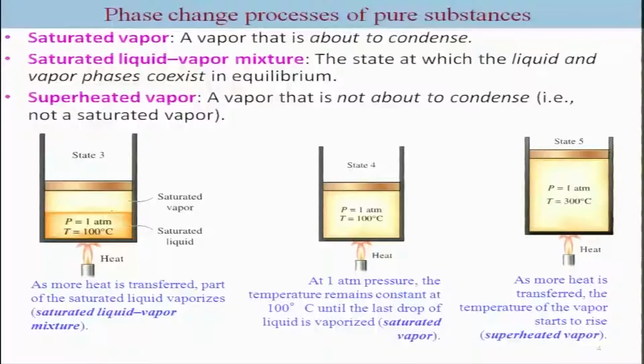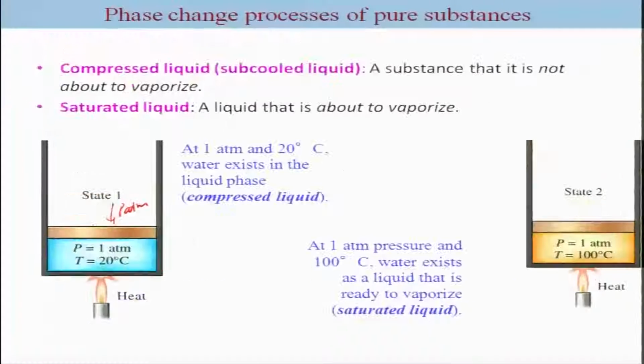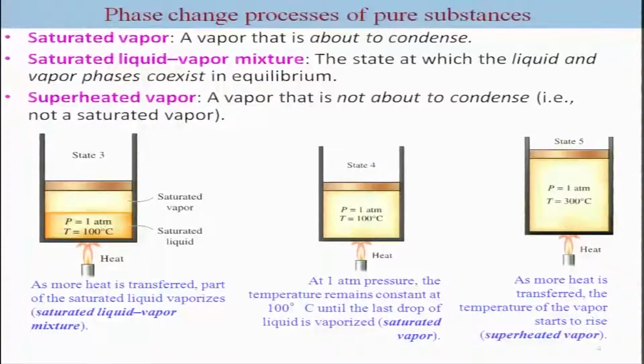Along this path from state 2 to state 4, the pressure and the temperature both remain constant. In other words, for a given pressure the temperature remains constant until all of the liquid gets converted to vapor, and that will be your state 4.